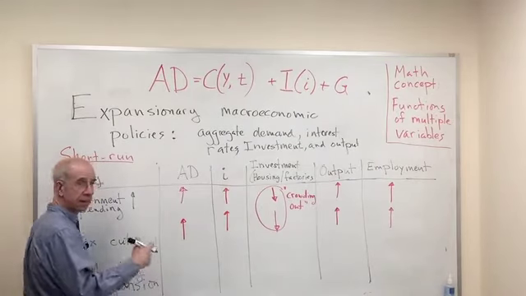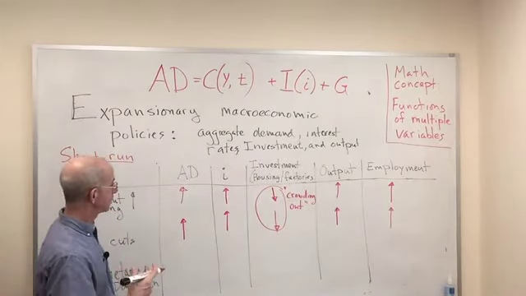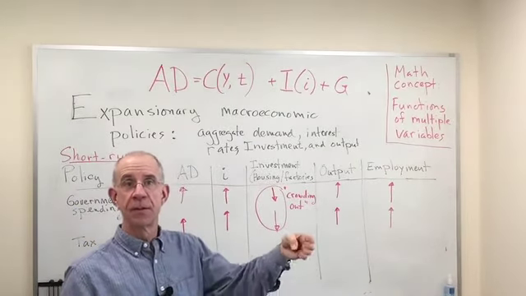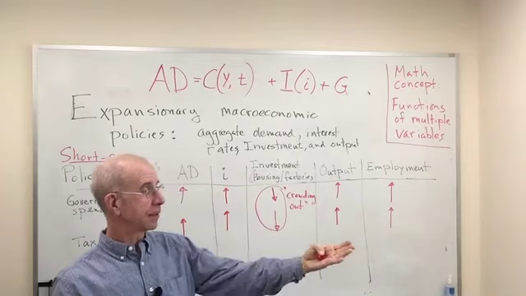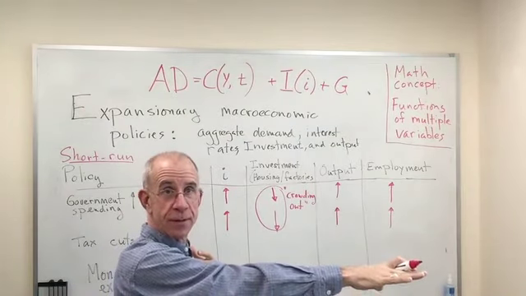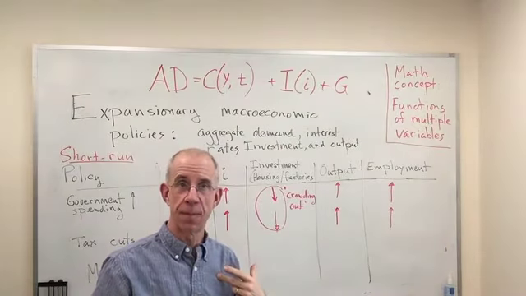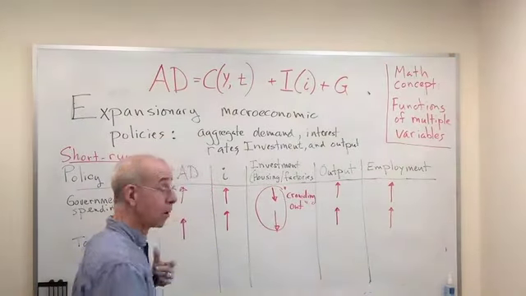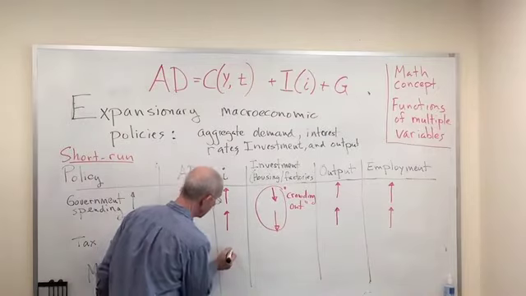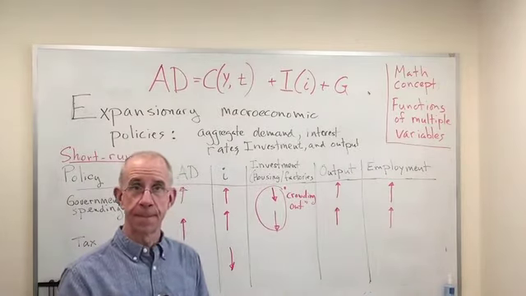Monetary expansion has a slightly different process of analysis. We talked about how if the central bank purchases bonds in the open market, so they take in bonds, they put out currency in exchange. This increase in the demand for bonds raises the price of bonds and lowers the interest rate. Okay, separate video about that.